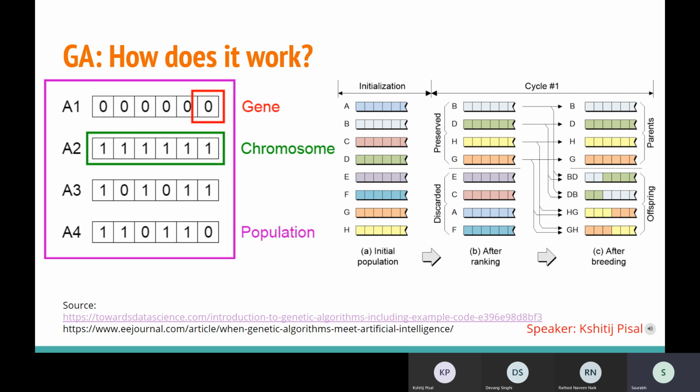Further, these chromosomes are selected using one of the many methods such as roulette wheel selection or tournament selection to make pairs of chromosomes that can be bred to generate offspring, which in theory might give better results. The process also involves mutation, which is performed to explore the search space.